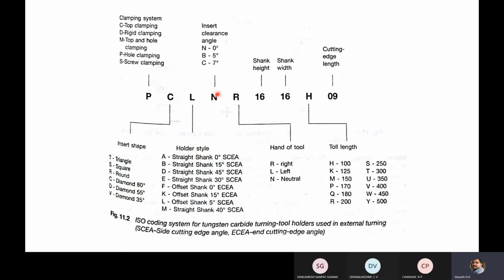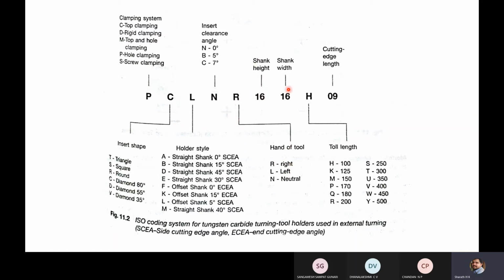Next, the fourth letter is regarding insert clearance angle. N means clearance angle is 0 degree. If the fourth letter is B, that means clearance angle is 5 degree with the particular tool holder. Next, R, whether it is right hand, left hand or neutral. This is also very important.